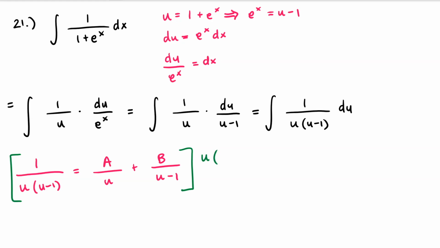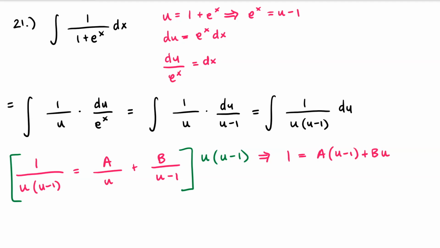So I'm going to multiply every fraction by u times u minus 1. And the resulting equation will become 1 equals A times u minus 1 plus B times u.